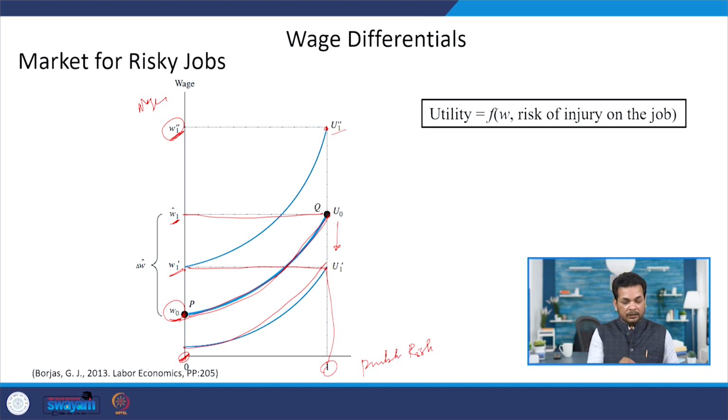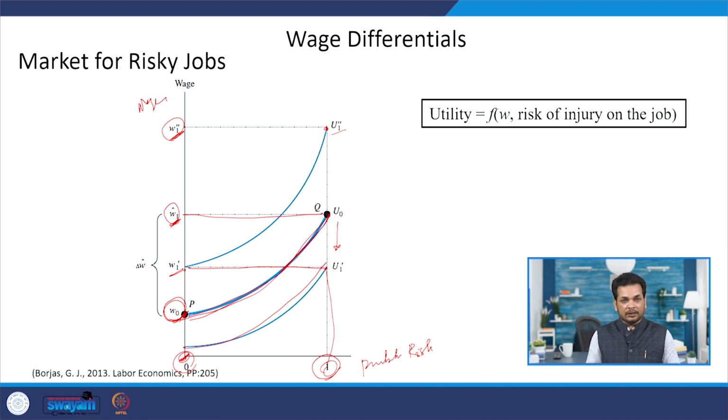So, at wage rate W0 he prefers to work in a safe environment. When we offer W hat 1, in both cases he is on the same utility function. Now, he becomes indifferent whether he should work in a safe environment job or in a risky environment job.